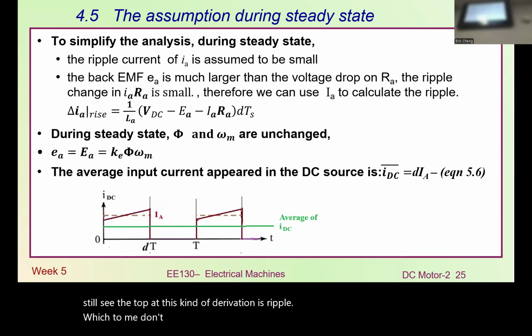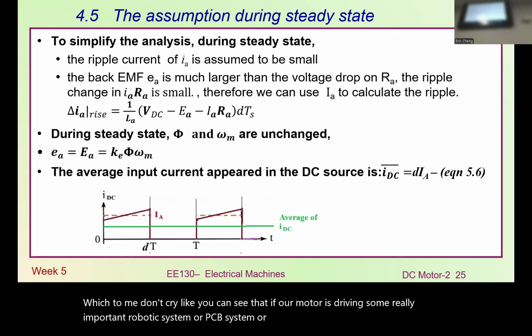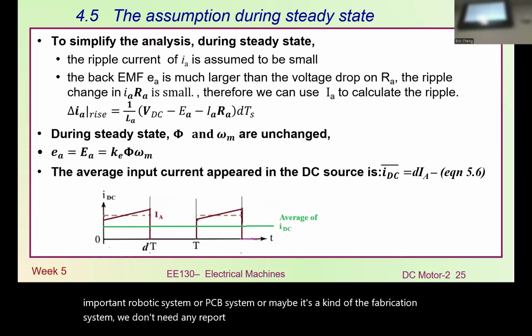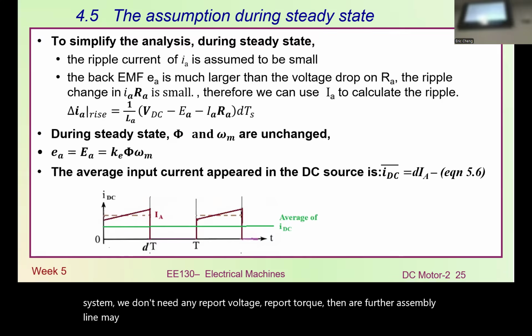If our motor is driving some really important robotic system or PCB system, or maybe some fabrication system, we don't want any ripple voltage or ripple torque. It would affect the assembly line, maybe affecting each vehicle or robot.